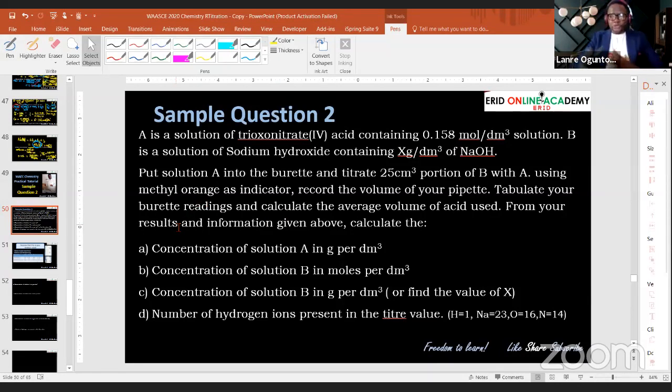Question 2 will be on qualitative analysis, cation and anion test. For that, I'll send you a message on when we are going to meet online to do that session. It could be this evening or tomorrow. Would that be fine?